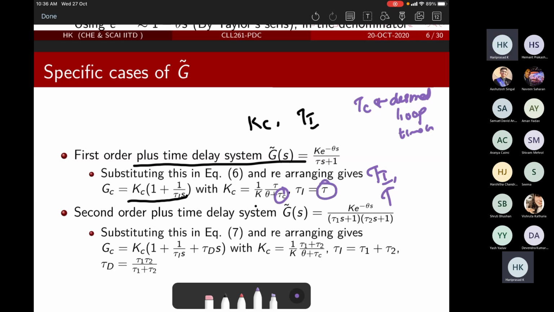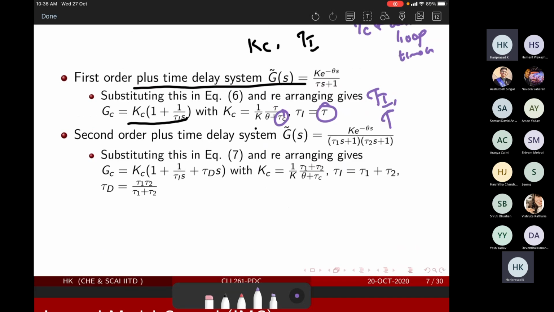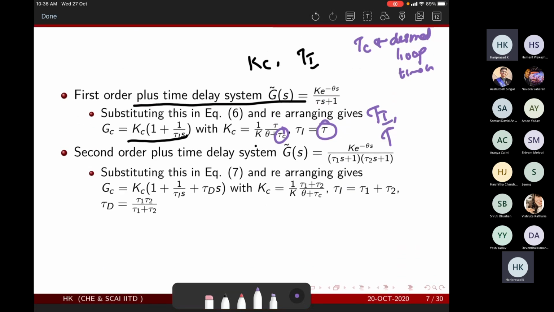So don't get mixed up anywhere. Again, it's for you to check. You can equate this. You have also done, I think, as part of a tutorial problem, if you have a structure, you compare it with the typical first order system, and the controller transfer function, and identify what is Kc and what is tau I.